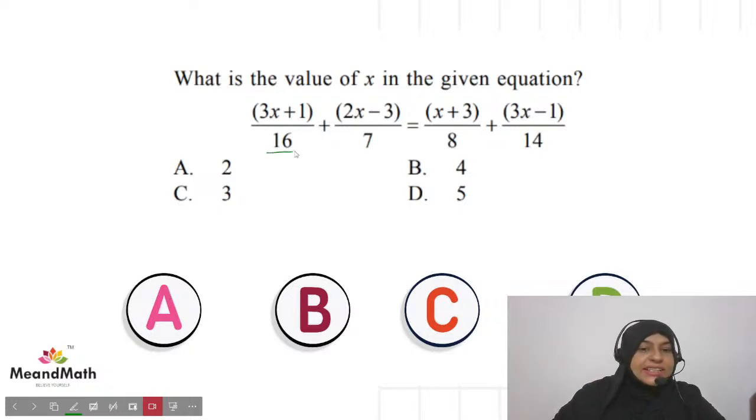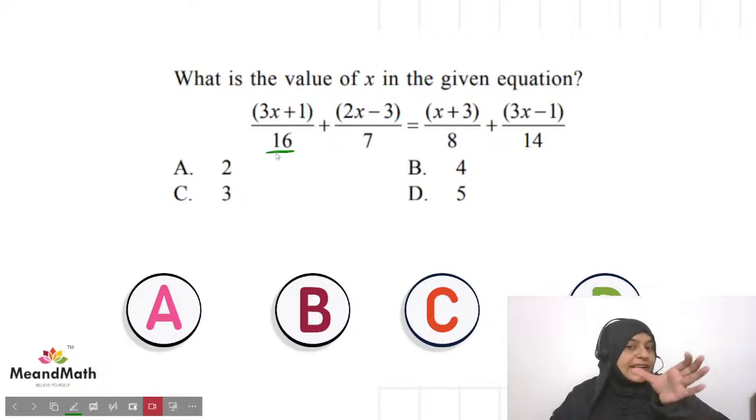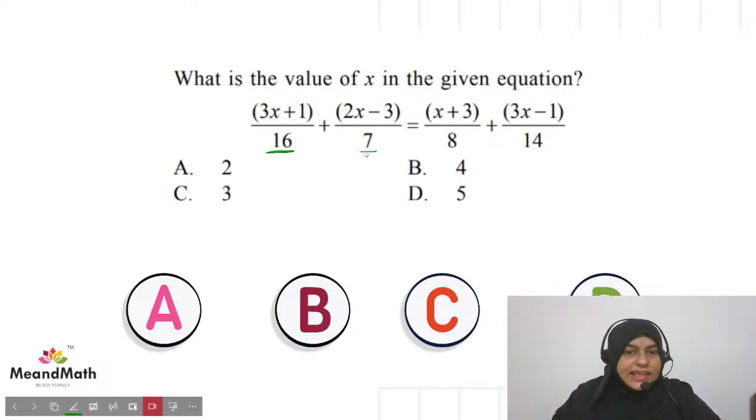You can see the denominators: 16, 7, 8 and 14. It will be difficult if you take the LCM of 16 and 7, right? And it is also difficult to take the LCM of 8 and 14.